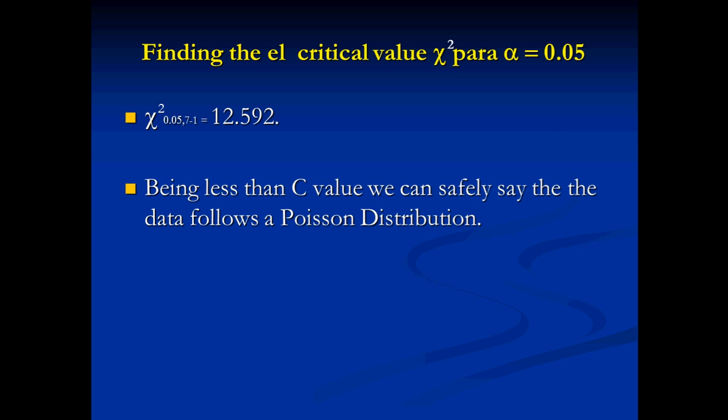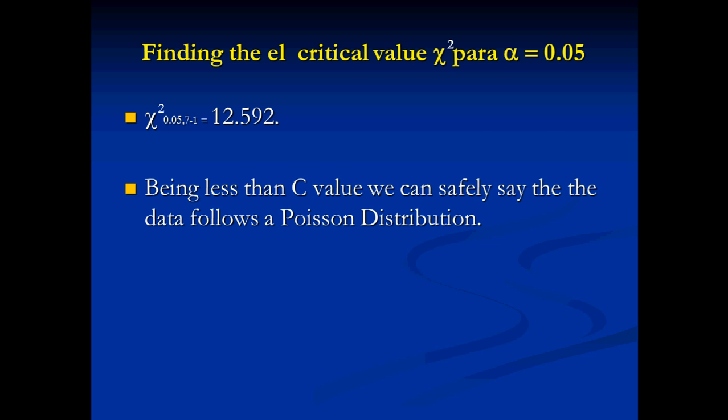Finding the critical value of quadratic chi for an alpha error of 0.05 and m minus 1 intervals, we have a table value of 12.592. As the calculated quadratic chi value is less than the table value, we can safely say that the data follows a Poisson distribution.